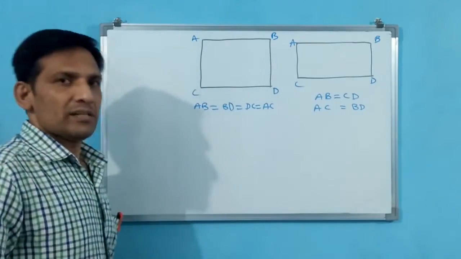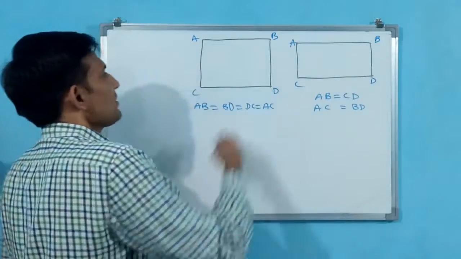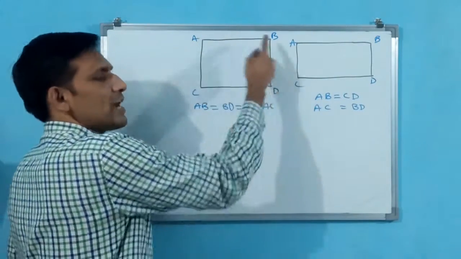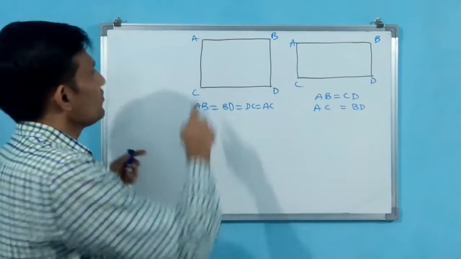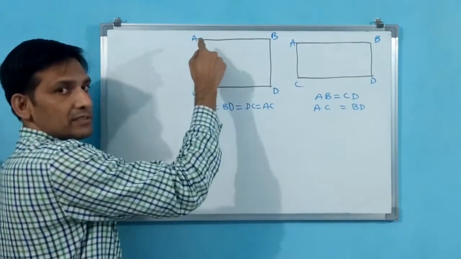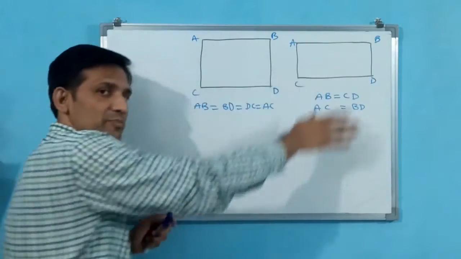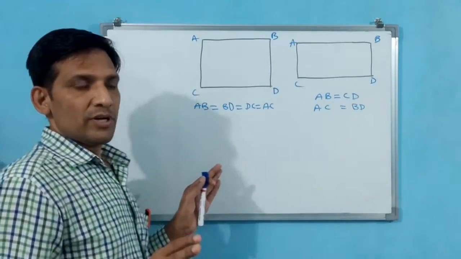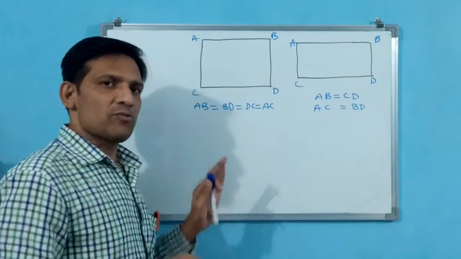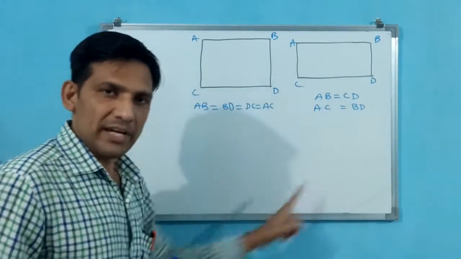Here also, the perimeter will be like a triangle, all outer linear dimensions. Perimeter is equal to AB plus BD plus CD plus AC. This is the perimeter. Perimeter is not going to change for any quadrilateral. In a triangle, three sides; in a quadrilateral, four sides.